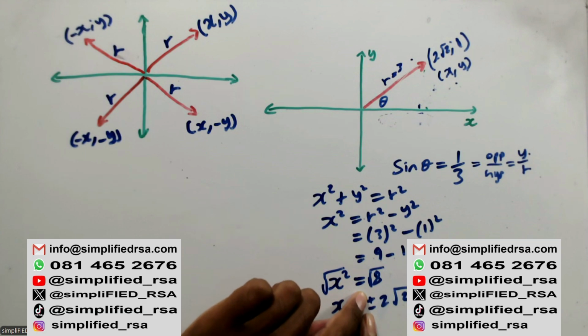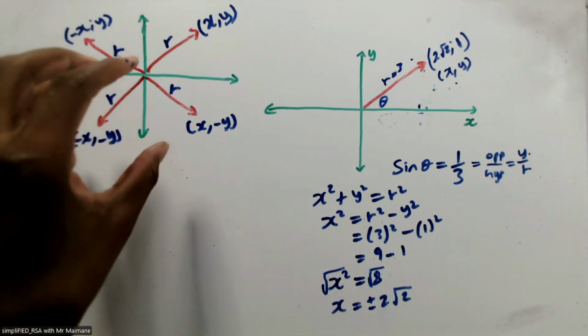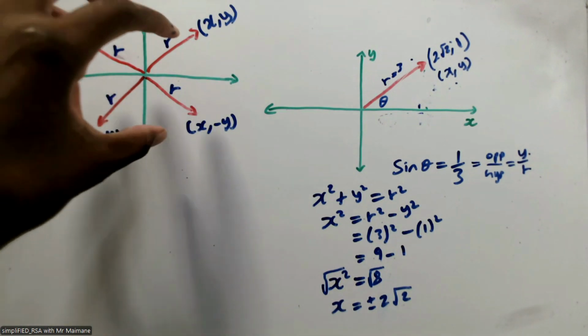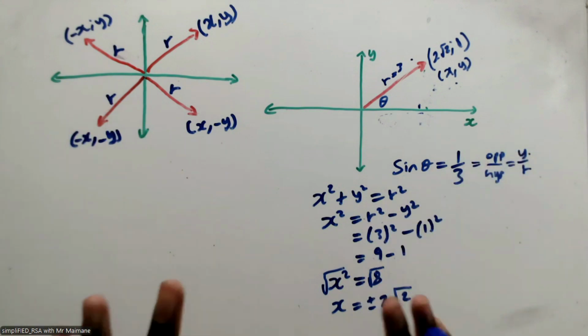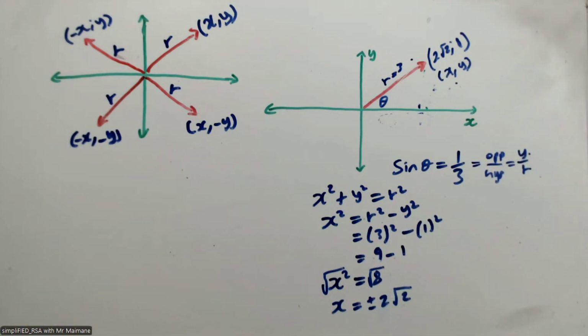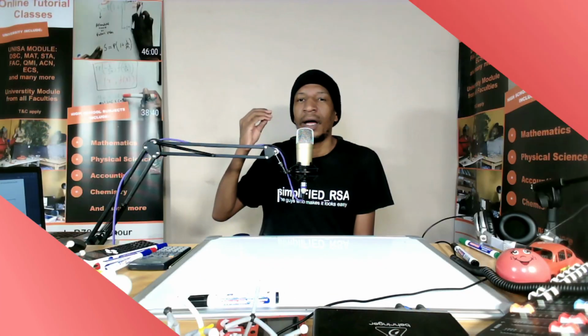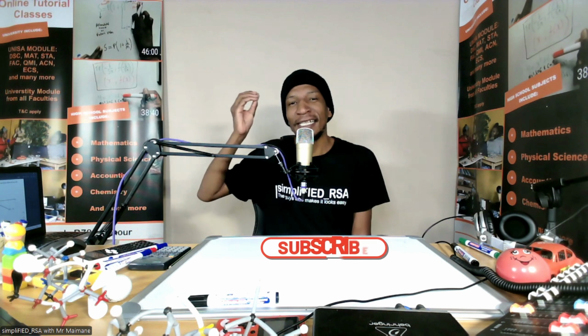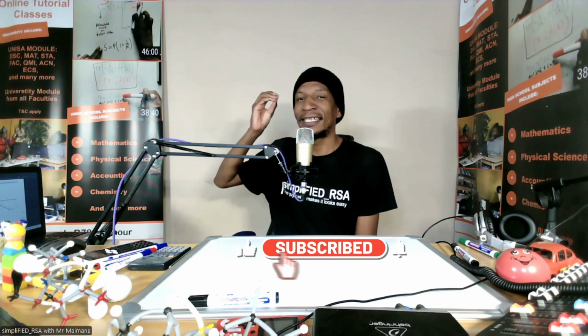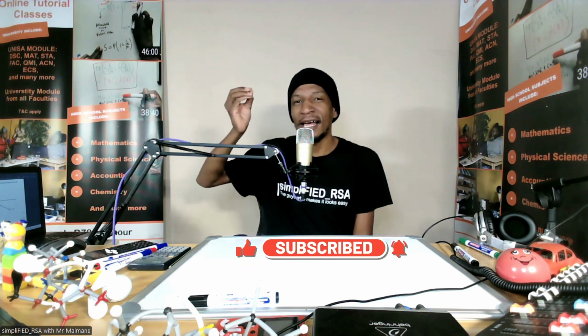Whether you take a positive value or a negative value depends on the quadrant where R is. This information is very much important, guys.